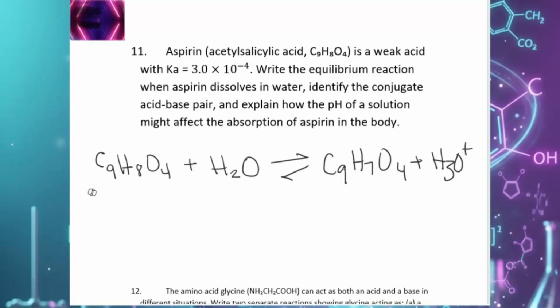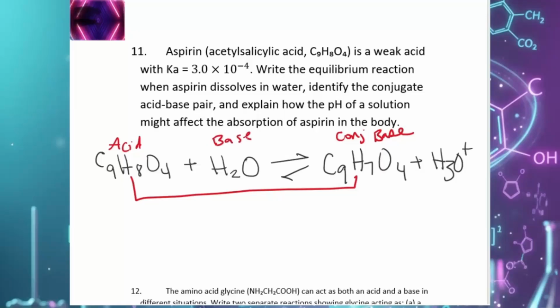All right. So again, what you've got here, you've got your acid right there, the C9H8O4. And then the conjugate base is right there. If the acid is C9H8O4, then your base is H2O.